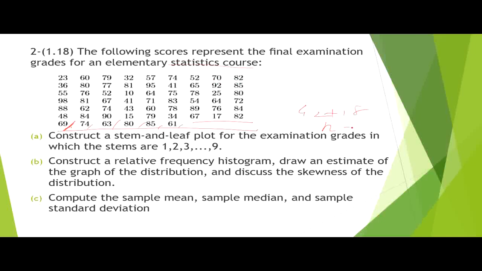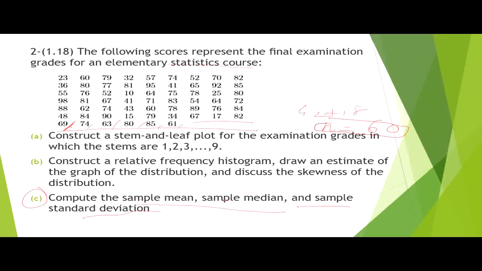Totally the sample size n is 60. There are 60 elements in this sample. So computing mean, sample median, sample standard deviation has been left to you. Try when you are completely free.